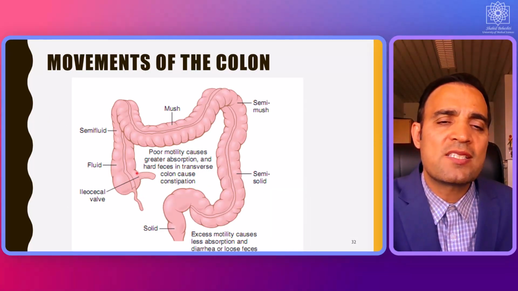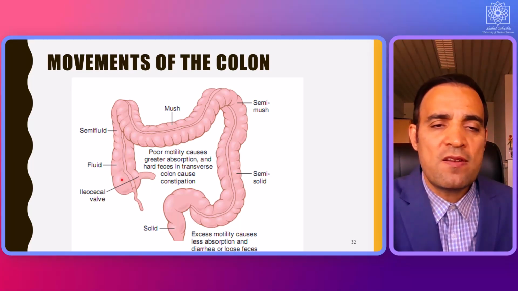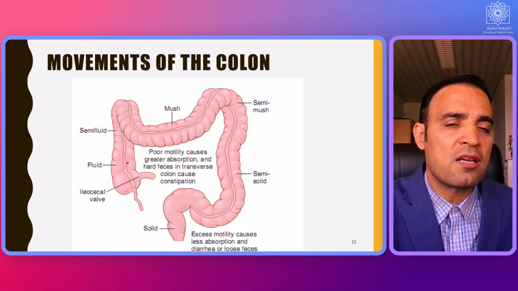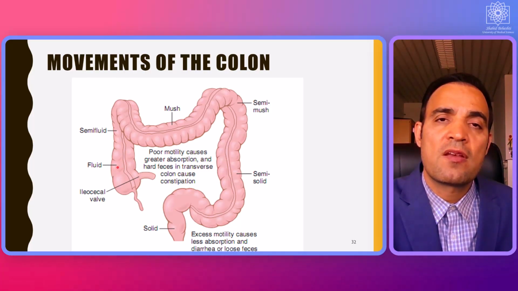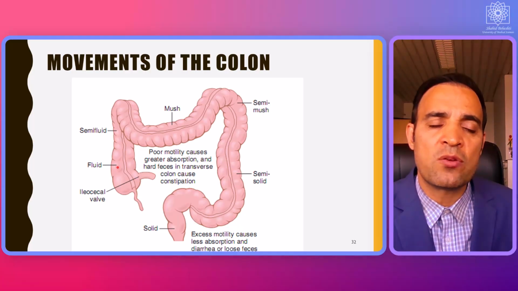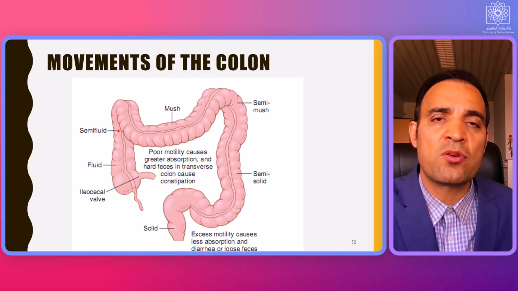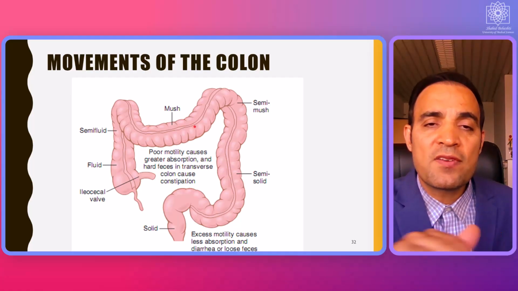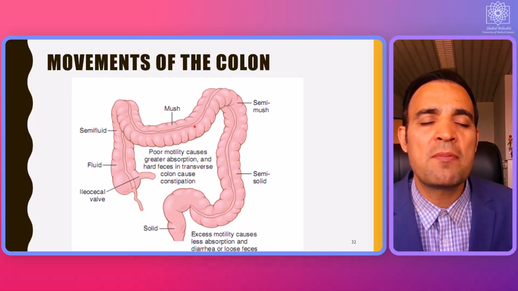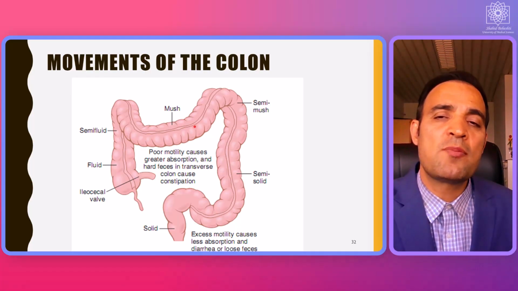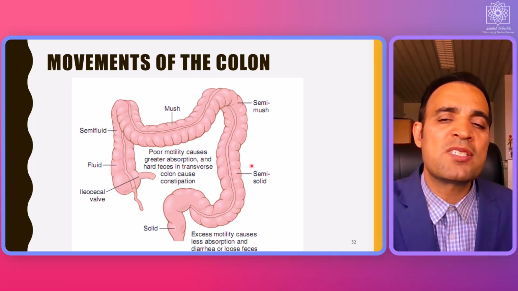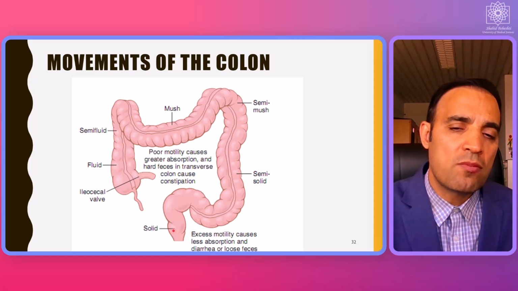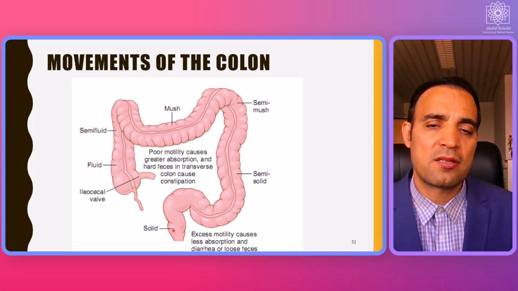In this figure, you can see that because of these movements, in the area near the ileocecal valve, the content is completely fluid. Then it will become semi-fluid. In the transverse colon, it will become mush-like, then semi-mush. In the descending colon, it will become semi-solid, and in the rectum, it is completely solid.